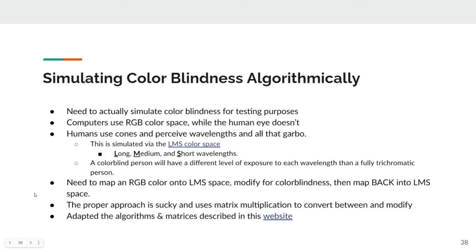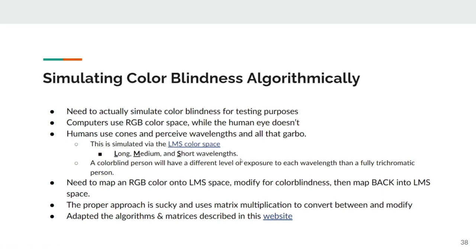So I think step one of debugging and testing solutions would be to simulate color blindness, which is a little bit more difficult than it would seem at first, because computers use the RGB color space, whereas the human eye has all these different cones and rods and what have you. So it's perceived differently and hard to map one onto the other.